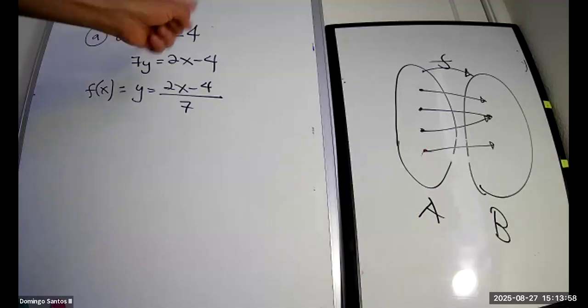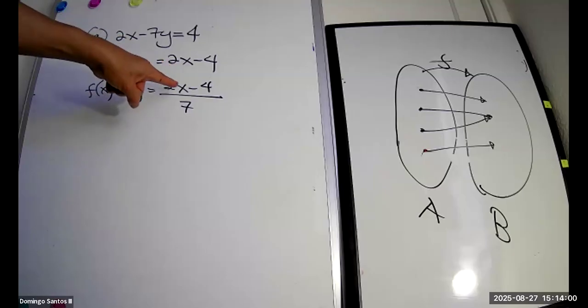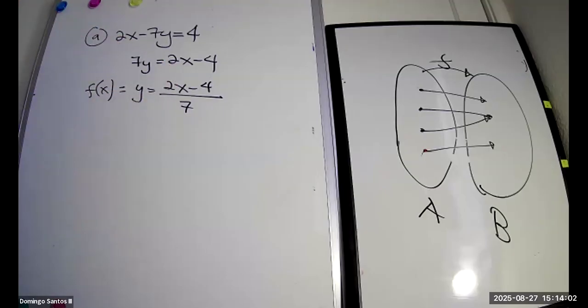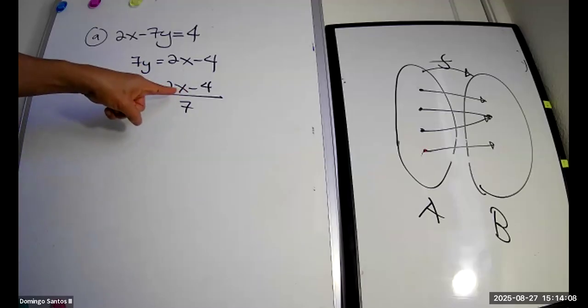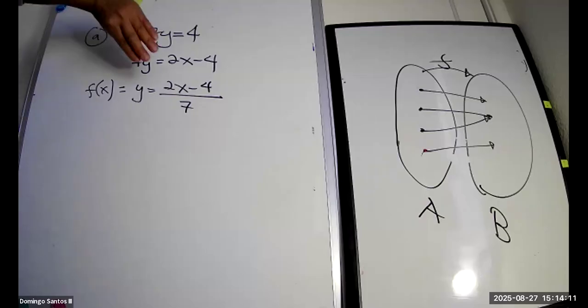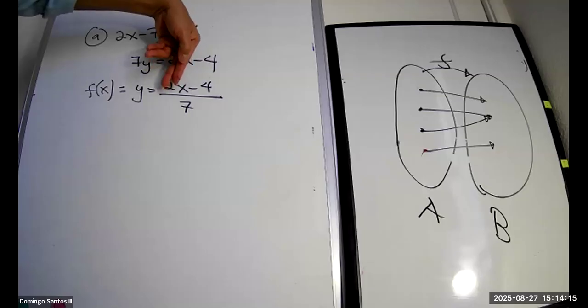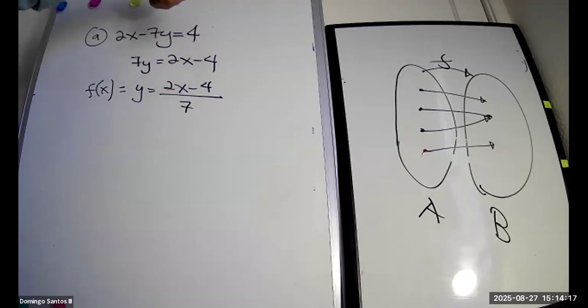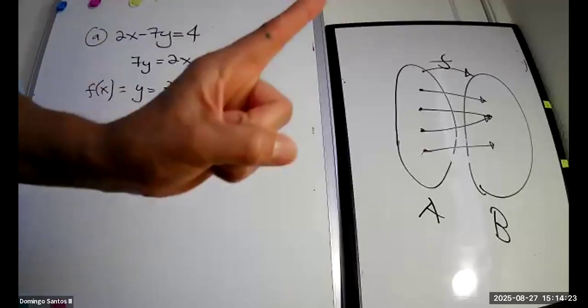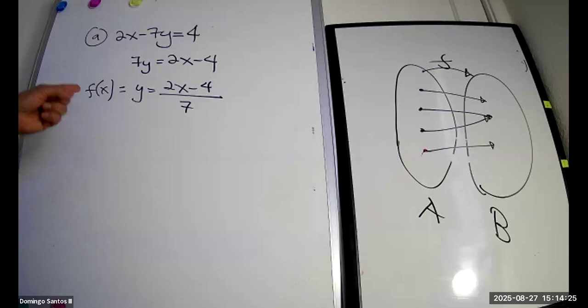Now, if I throw in a value for x, would there be only one value for y? If x is 0, what's y? Yeah, it would be minus 4/7. Very good. Only one value of y would exist.